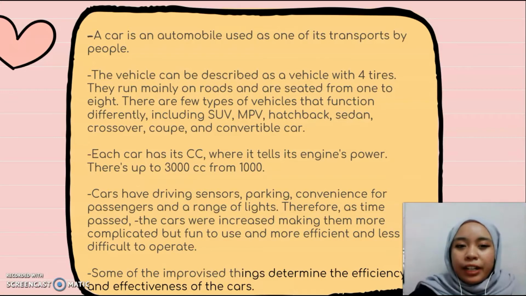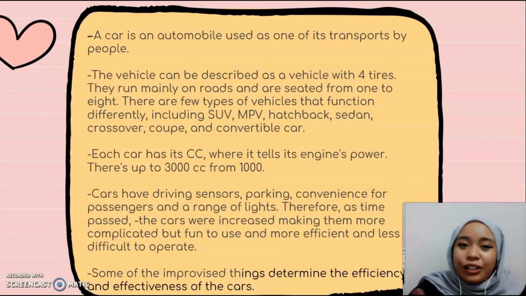Okay, because this study is about cars. Well, a car is a form of transport. It's an automobile used by many people, and it can be described in a few ways, where we can say that it's a vehicle with 4 tires, and it has a few types. For example, SUV, MPV, hatchback, sedan, crossover, coupe, and convertible.